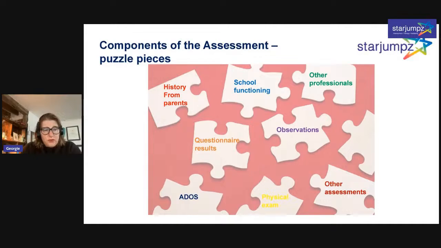Other professionals, so it's really helpful to have copies of past reports. I think sometimes people might worry about sending those in, especially if they've perhaps already had an assessment that hasn't reached a conclusion that they're happy with. I would say it's always really helpful, and I think it makes for a much more robust assessment if you've included, referenced and considered that previous assessment.